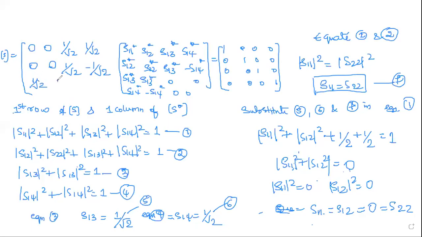This row is 1 by root 2, 1 by root 2, 0, 0. And this is 1 by root 2, minus 1 by root 2, 0, 0.